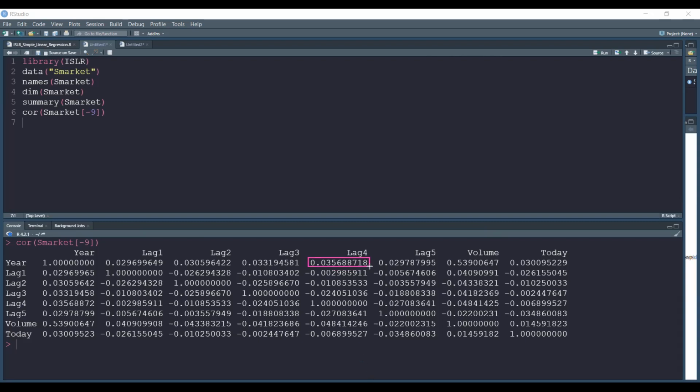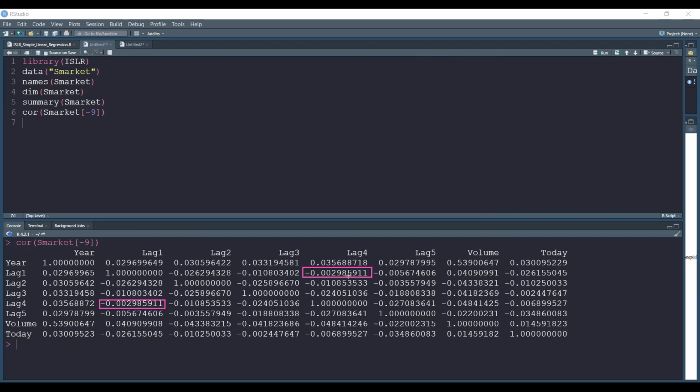Let's take, for instance, this, which, by the way, would be the same as lag 4 and maybe this one. Yeah, those two are the same. It's just lag 4 against lag 1.